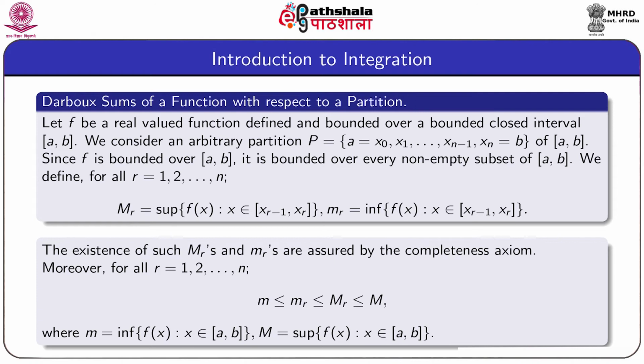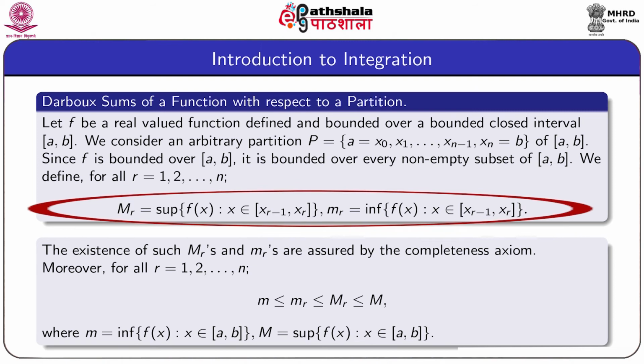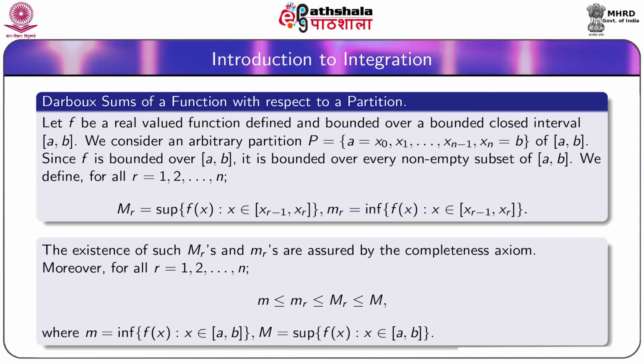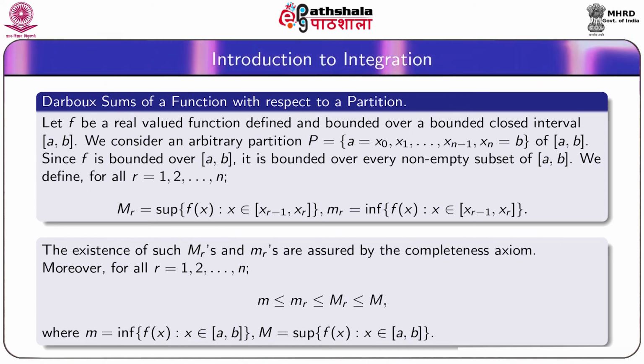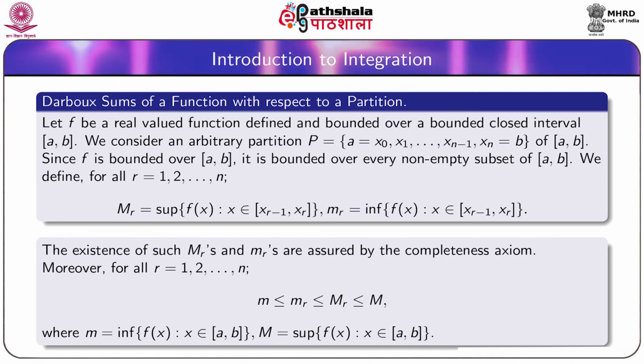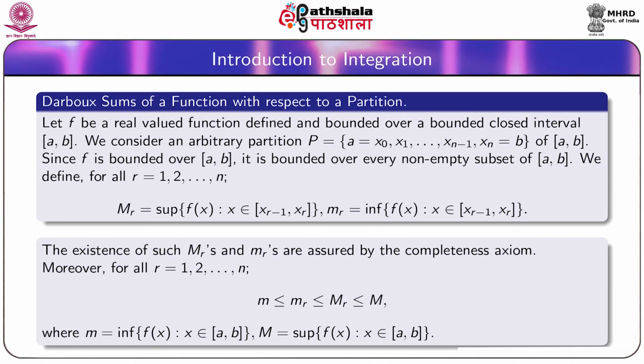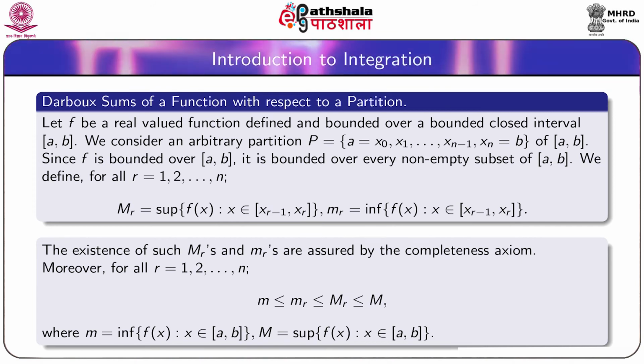We define for every r from 1 to n, capital Mr equal to the supremum of f(x), where x is from the rth subinterval, that is from [xr minus 1, xr], and small mr as the infimum of f(x), where x comes from the bounded closed interval [xr minus 1, xr].